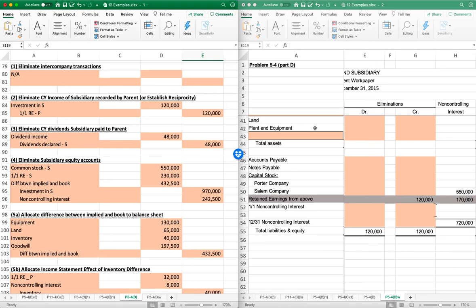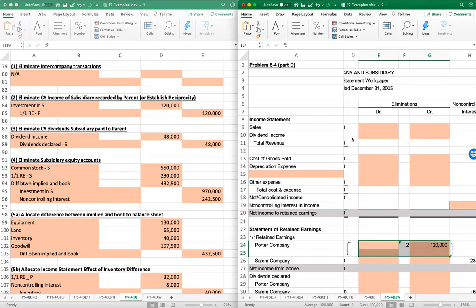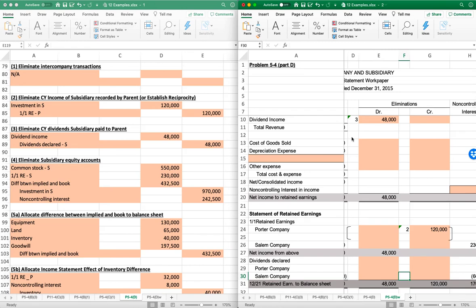Then our next one, we're going to debit dividend income. That's going to be up on the income statement. So this is entry number 3. We are going to debit it for $48,000. And we are going to credit dividends declared, which we will find down here, for the same amount.